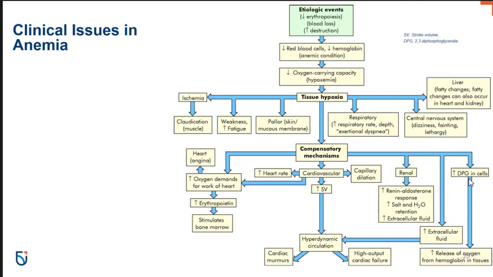So we can say that this DPG, or diphosphoglycerate, enhances the ability of red blood cells to release oxygen near tissues that need it the most. And so there'll be an increase in this in primarily what are considered your vital organs, such as the brain, the heart, the kidneys, the liver, and the lungs, for example.